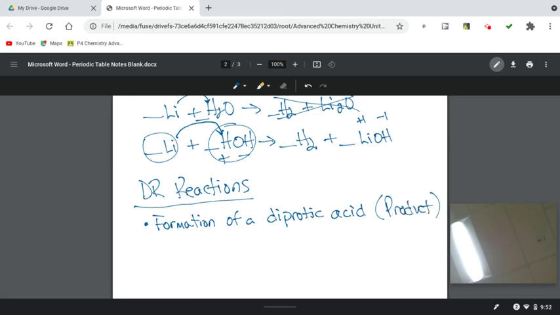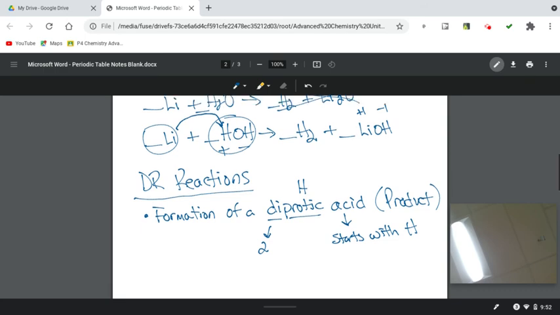Now, diprotic acid, there's a couple of things you need to understand here. An acid means we have a compound that starts with hydrogen. So acids are compounds that begin with hydrogen. Diprotic, di means two, protic refers to hydrogens. So a diprotic acid is an acid that has two hydrogens along with the rest of whatever it is.